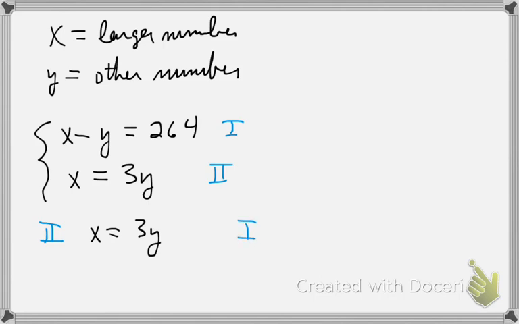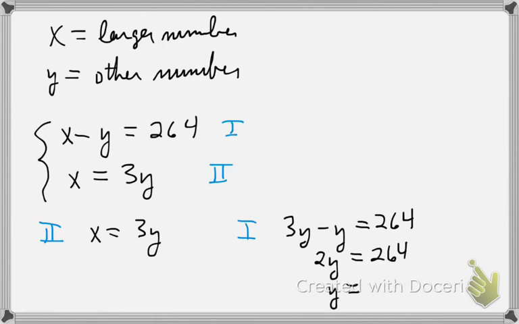Substitute into the other equation. So instead of x minus y equals 264, 3y minus y is 264. Do you guys agree? In which case, 2y is 264, in which case, y is 132.